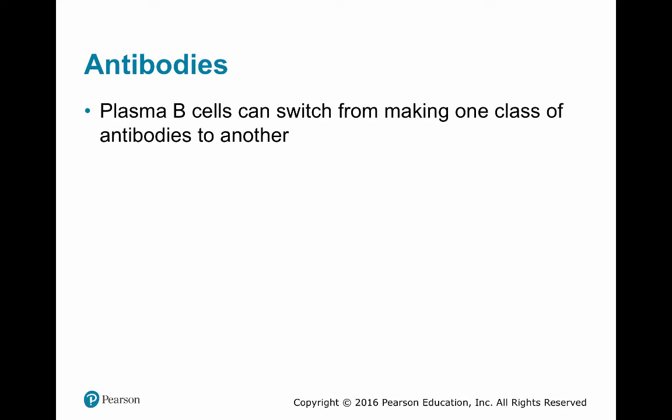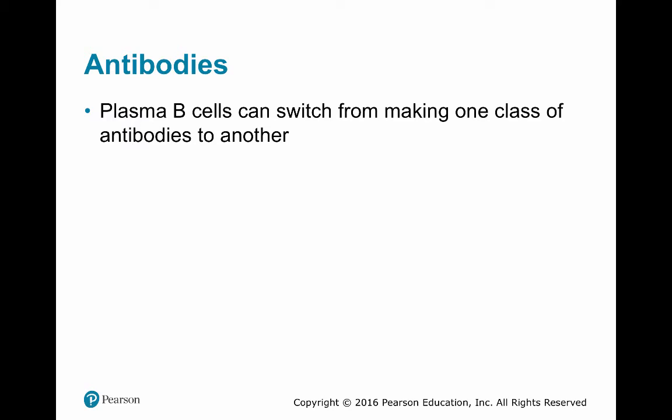Now, the plasma B cells can switch from making one class of antibody to another. So basically, antibodies like IgM are released during primary response, but plasma cells can switch to IgG for a secondary response.